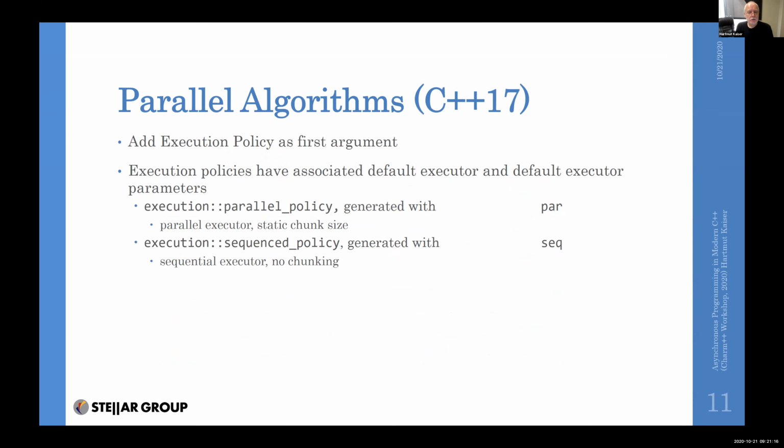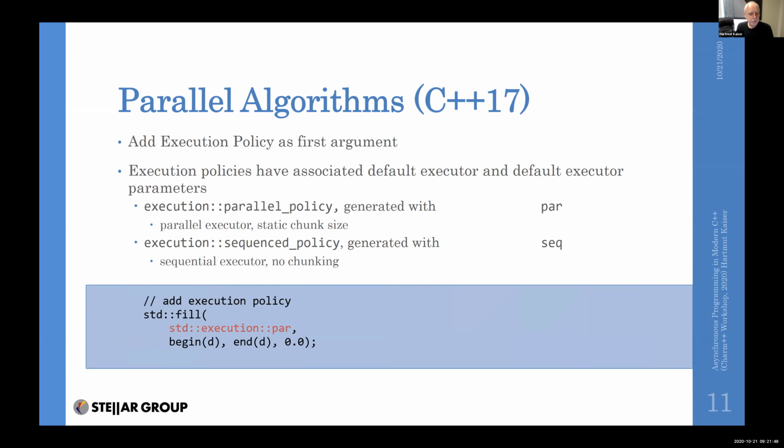And the way they have done that is that all the algorithms now have an additional first argument, which is called the execution policy. There are several execution policies introduced by the standard. I will highlight only 2 of them here. One is par, the parallel policy that instructs the runtime system, or the library, to parallelize a particular loop, or seq, just if you want to force one of those loops to run sequentially anyway.